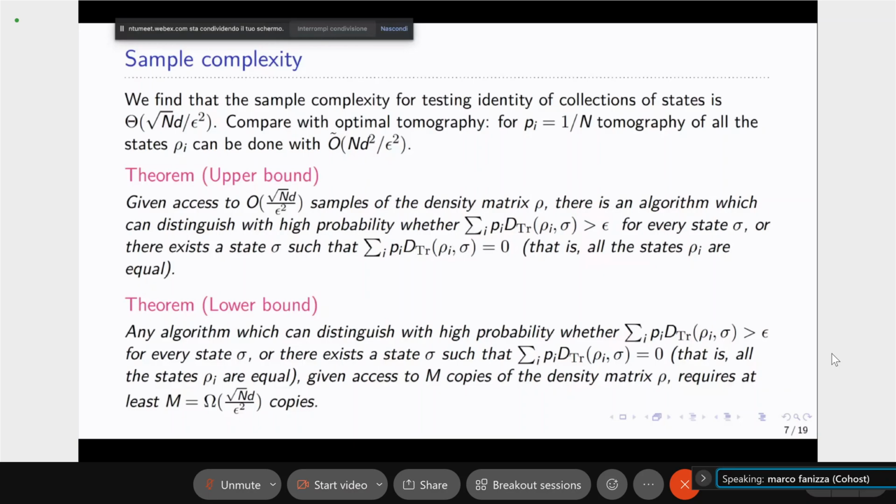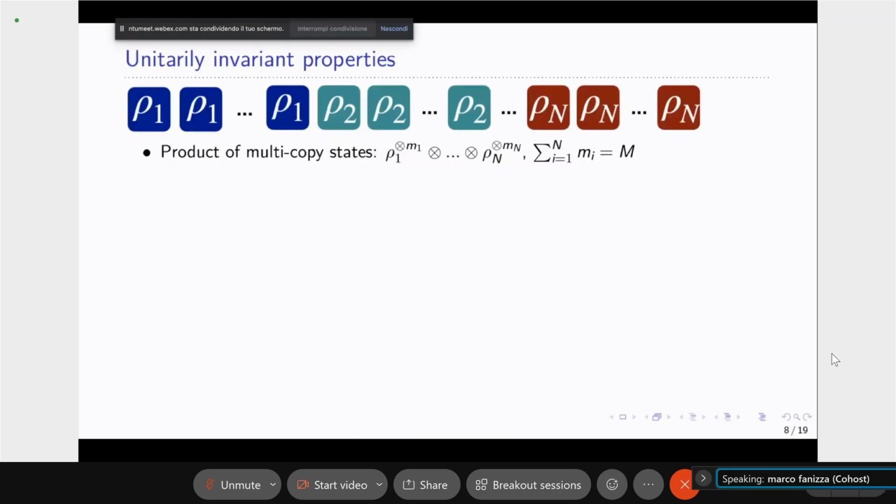Okay, before going into details of our proofs, let me say something about the estimation of unitarily invariant properties to frame this problem in a much broader context, which is interesting. And it is also useful to state these things to understand better the ideas behind the proofs.